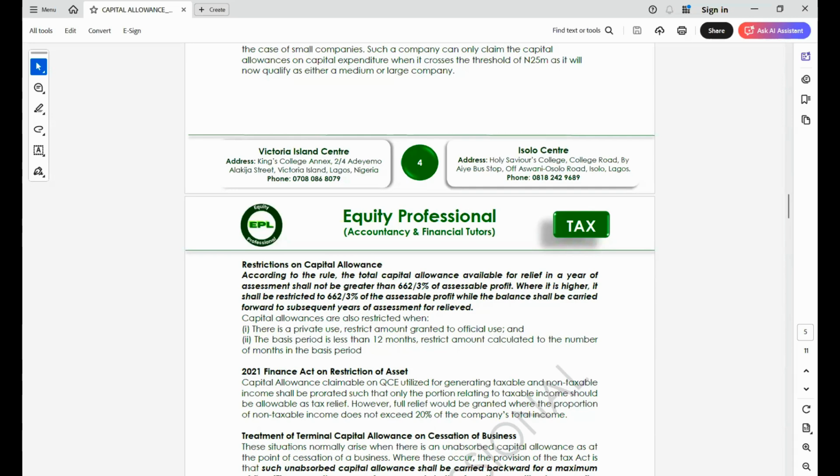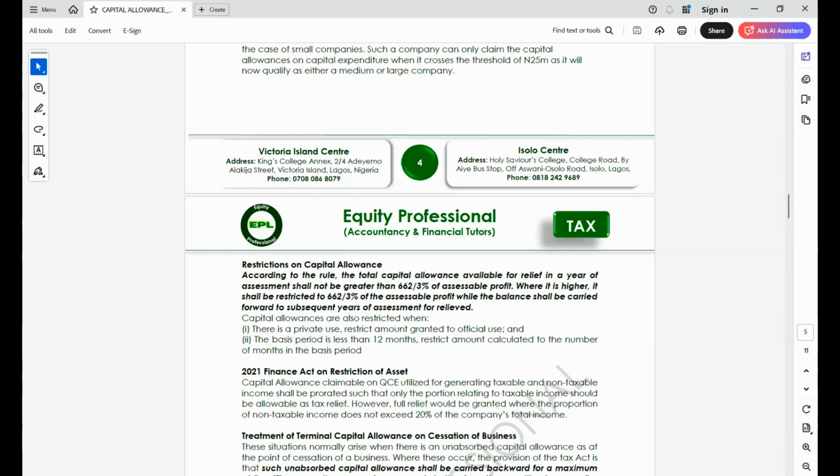By the time you now have your accessible profit to be 220,000, what the law says is that by the time you want to remove this capital allowance, it is expected that we should remove the whole 200,000 from this 220,000. But you are going to restrict it to 2/3, that's 66 2/3. So just get 2/3 of this 220,000.